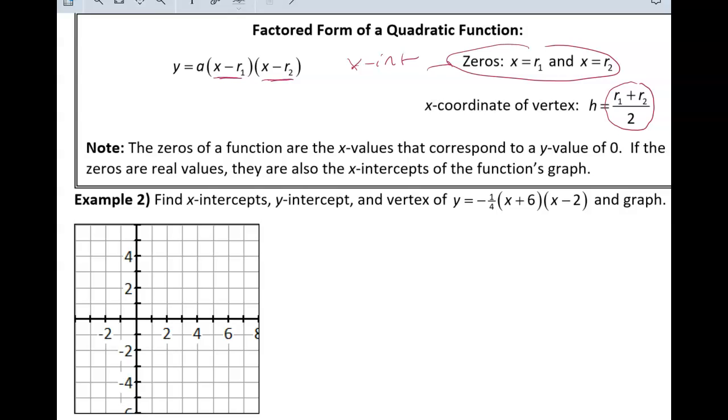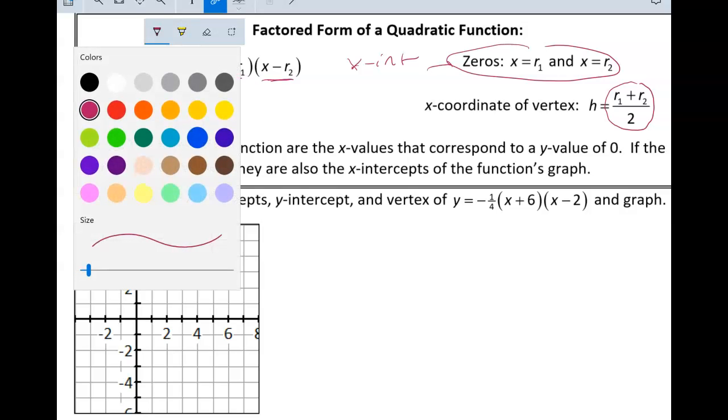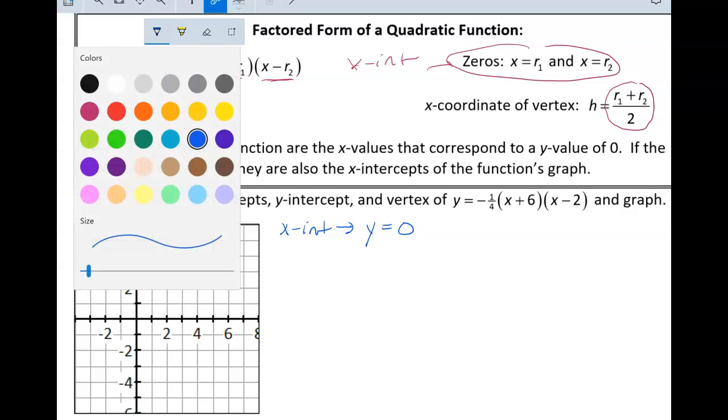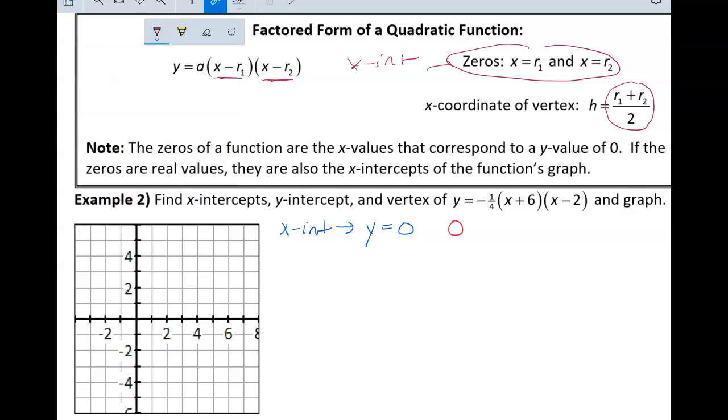So let's find x-intercepts for this particular graph right here in example 2. We find our x-intercepts by letting y equal 0. So I'm going to take that equation and replace the y with 0. You can see that this is a quadratic equation that's already factored for us, which makes it really easy to solve.